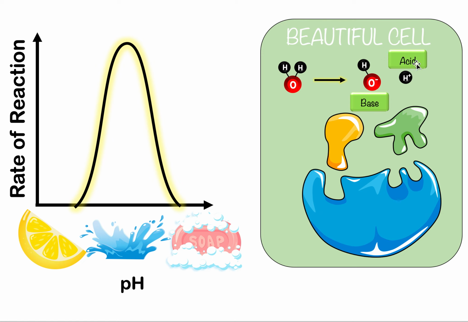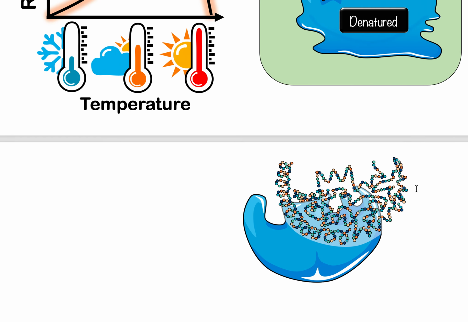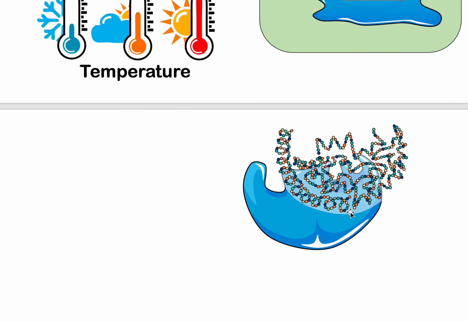So why does this matter? How does being very acidic or very basic influence how an enzyme works? Essentially, remember how I said the enzyme is made up of all these proteins, right? These proteins have little charges on them.